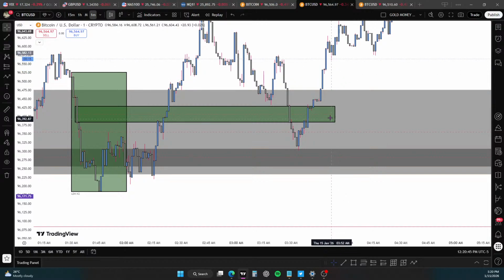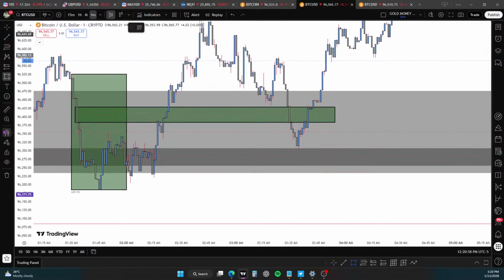So a balanced price range: we have this fair value gap here that is rebalanced by this fair value gap here, and both of those overlap. I'm pretty sure ICT said something like this might only be for the wicks. I'm not sure if it's actually for the fair value gaps as well, but this is the balanced price range.